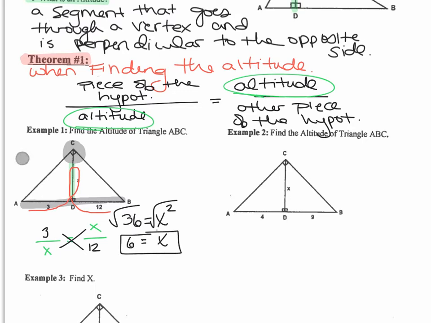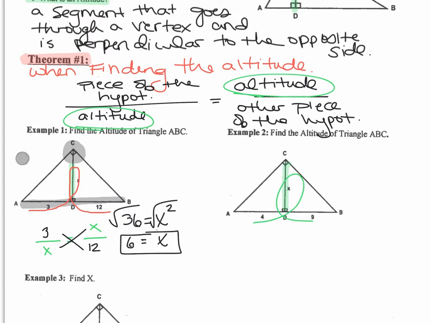Let's go over the next one. Find the altitude of triangle ABC. Again, I'm finding the altitude, so my altitude is right here. I'm just going to do the snake. Don't erase my numbers.